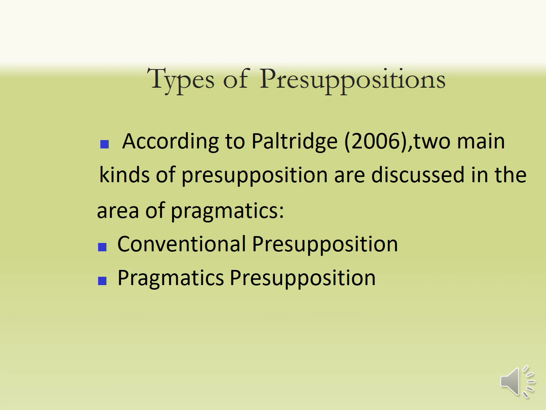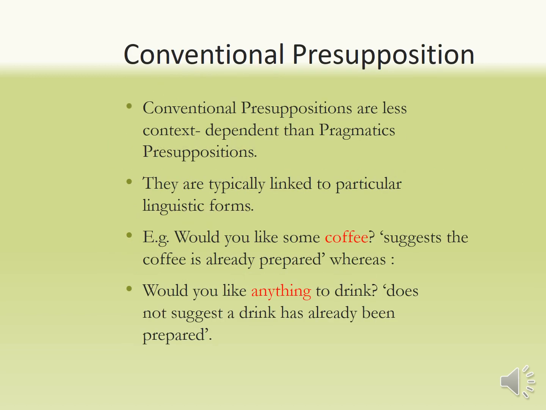After that, we have some types of presupposition: conventional presupposition and pragmatic presupposition. Conventional presuppositions are less context dependent than pragmatic presuppositions. In conventional presupposition, we don't bother to see the context or the pragmatic context. They are typically linked to a particular linguistic form. They are associated with the meanings.